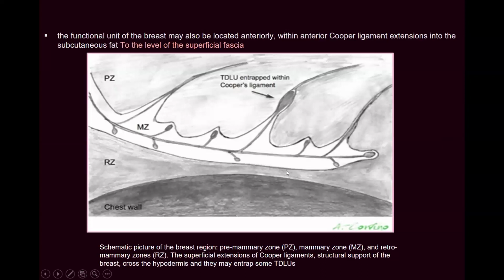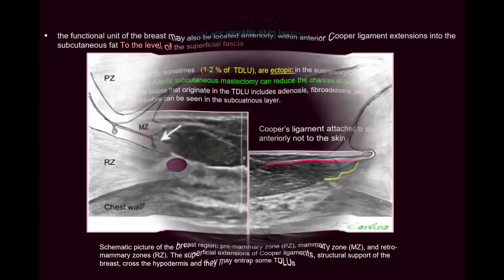As you mentioned, Islam, you see this segmental duct and these TDLUs, here there is a Cooper ligament and one TDLU here, entrapped within the Cooper ligament.